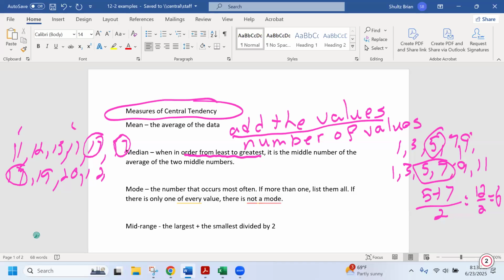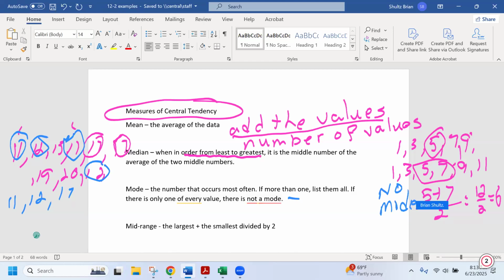If one of these 17s was not there, then I've got 11 as one mode, and I also have 12 as one mode, because they all have 2. If you have more than one mode, you write them all: 11, 12, 17. If they all occur the same number of times, you write them all. If they only occur once, there is no mode. You would say no mode if you were looking at these over here.